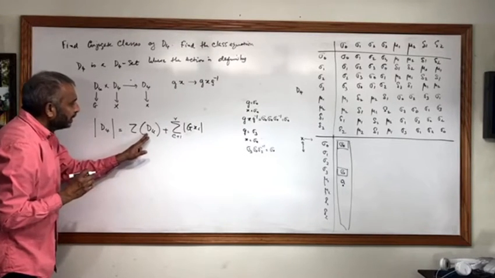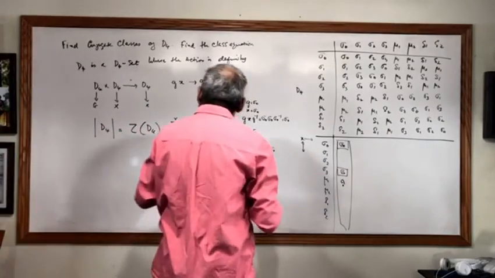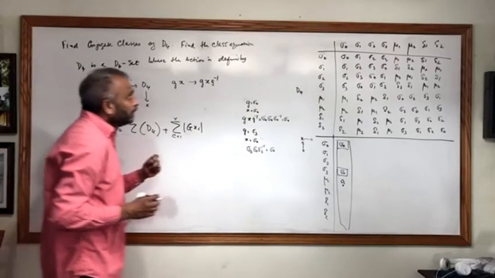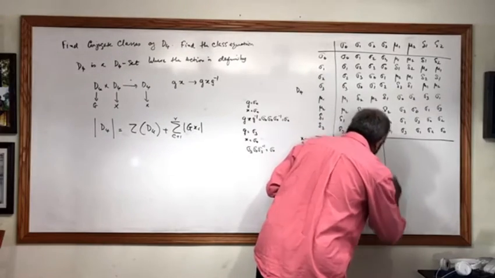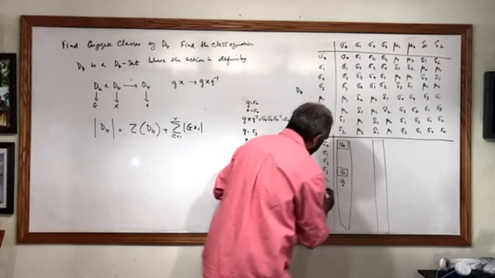Another one, I'm going to get all the elements of Z of D4 first. So another element is going to be in this area. Let us compute one of them. Let us take this.